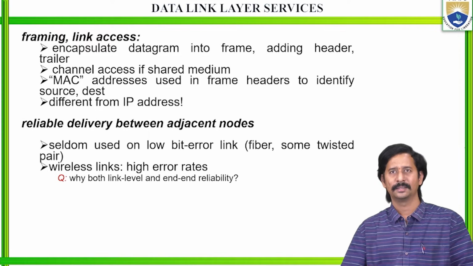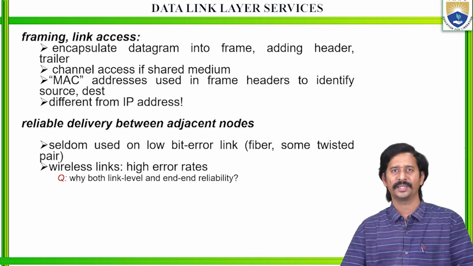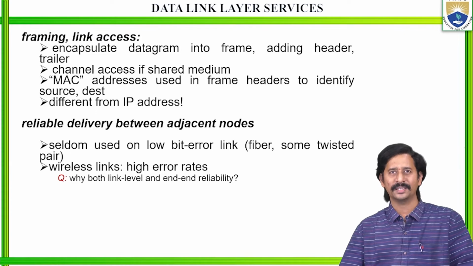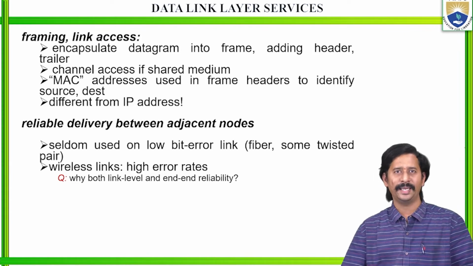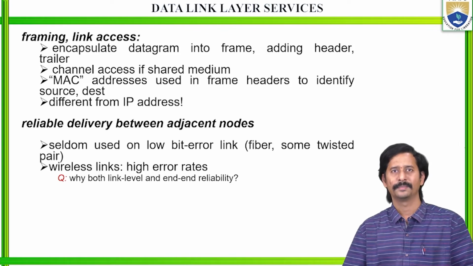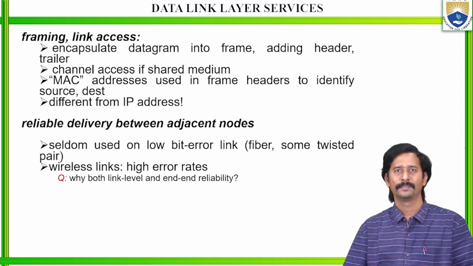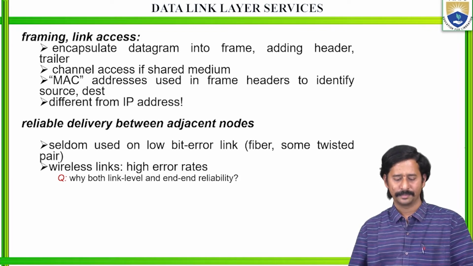So what is the purpose of link access here? That may be either a point-to-point or broadcast link. The reliable delivery option between various adjacent nodes is done with the help of that particular link access.